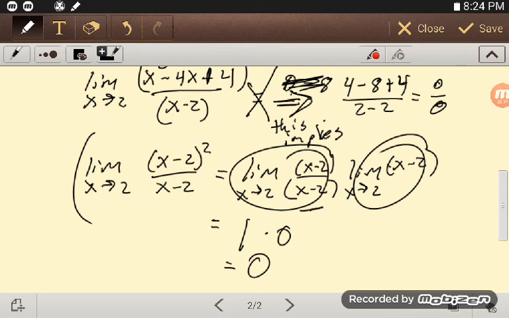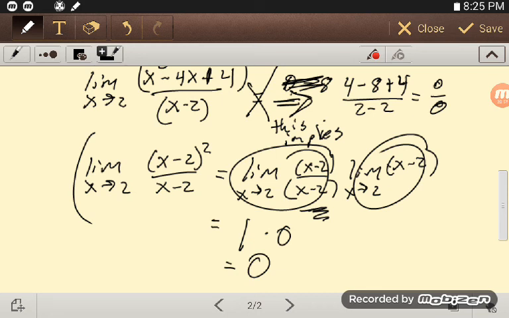But here, very important, see, I didn't just cancel them out in here. I didn't just go, oh yeah, that's x minus 2 squared over x minus 2, get rid of the x minus 2's. I used the property that I can factor things and move limits along with it.